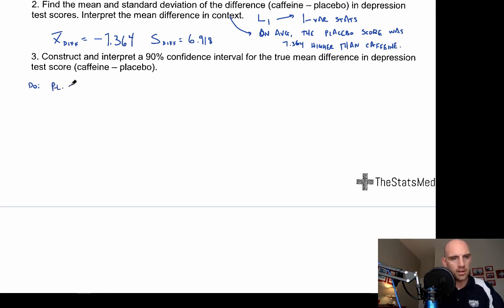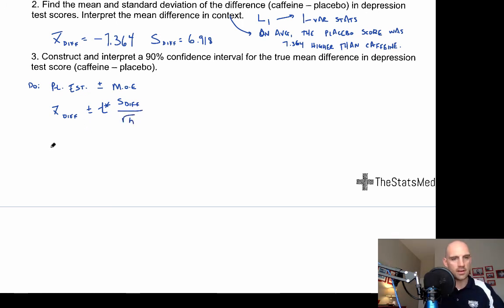Our formula is our point estimate plus or minus our margin of error. That would be our X bar of our difference plus or minus T star times the standard deviation of the difference over the square root of n.